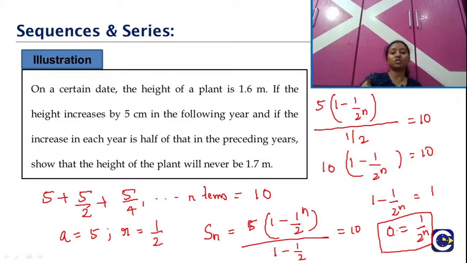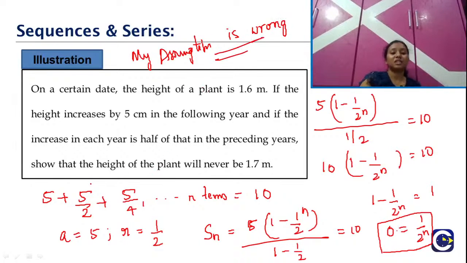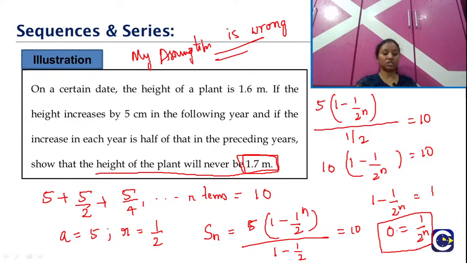That means there is no such n value, which states that my initial assumption is wrong, which is the contradiction to my assumption. That means the height of the plant will never reach the height of 1.7 meters. The plant height will never be equal to this 1.7 meters.